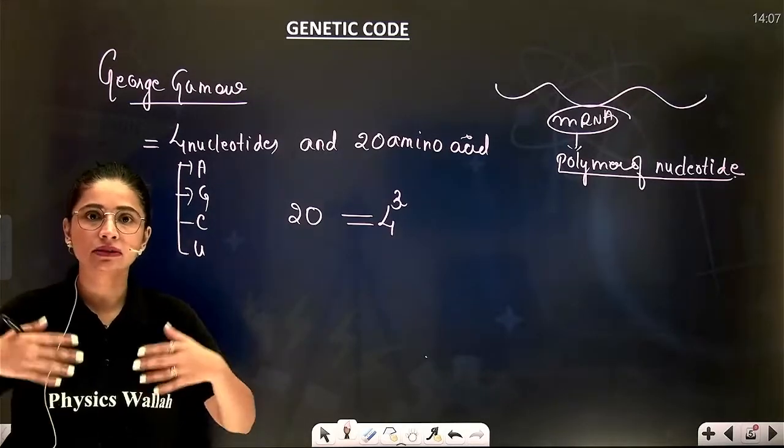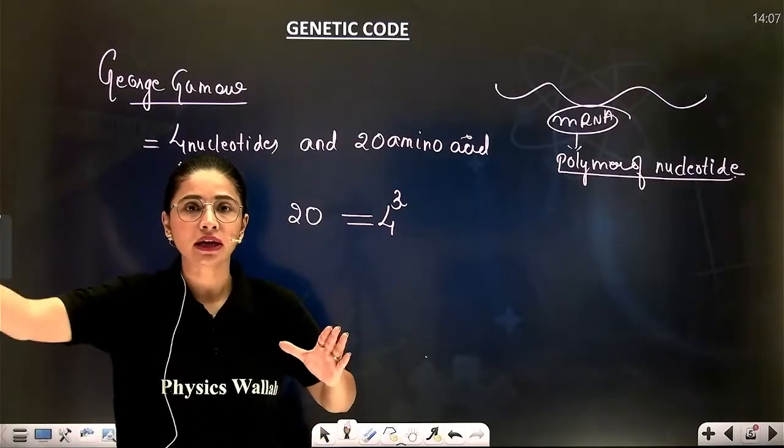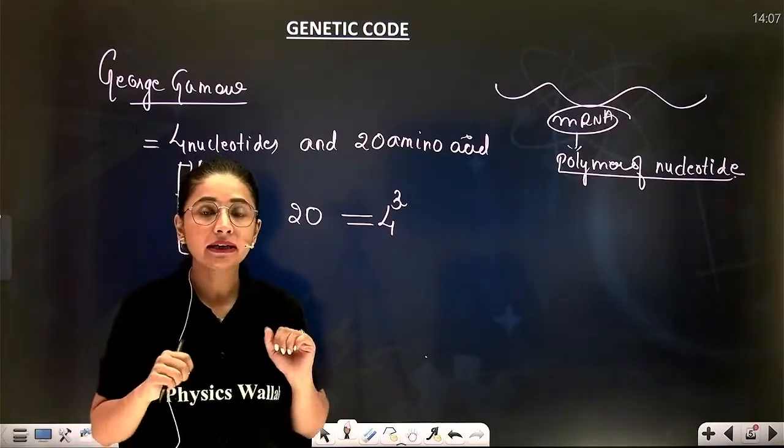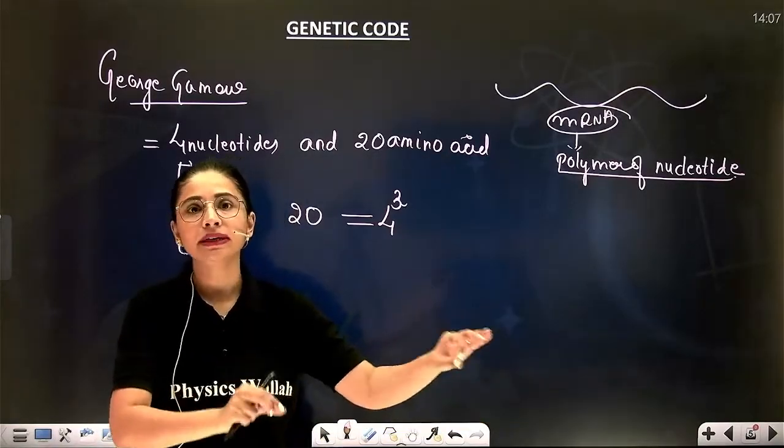So obviously when triplet is already more than sufficient, scientists will not think about a quadruplet or pentaplet genetic code. They will stick to the genetic code being triplet.